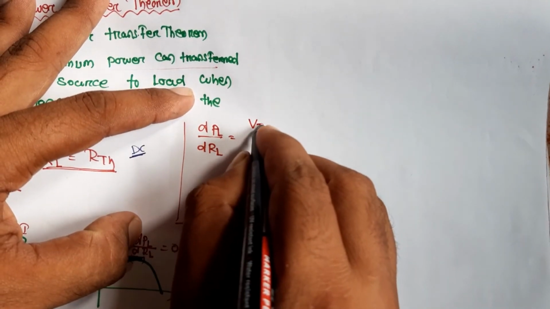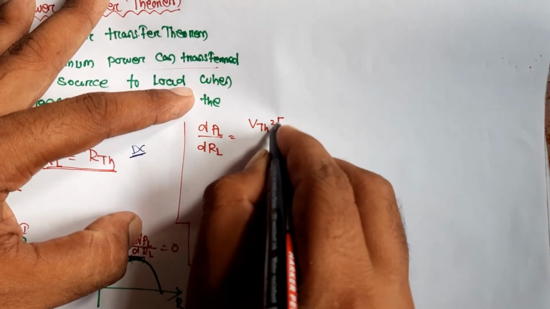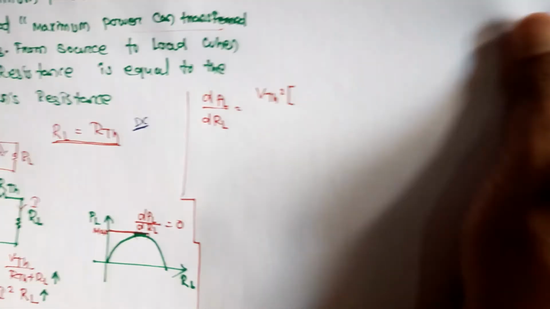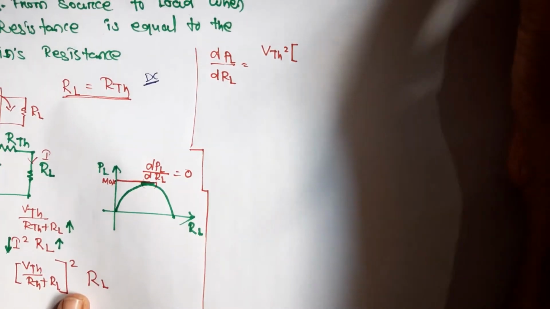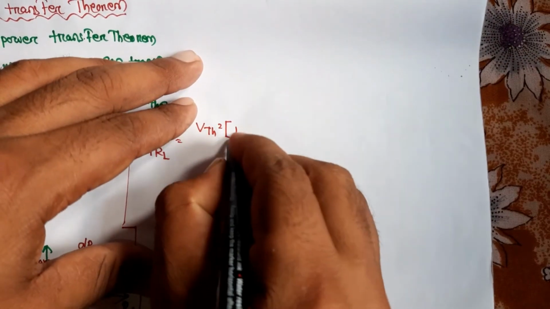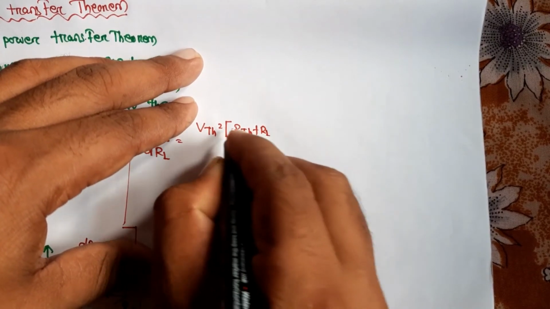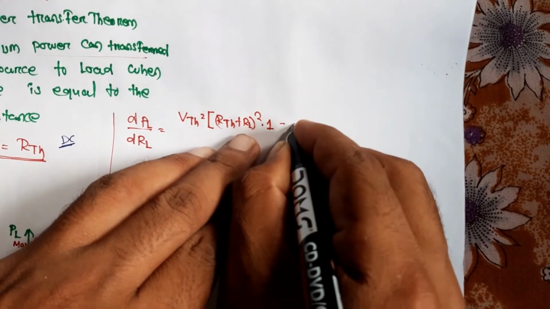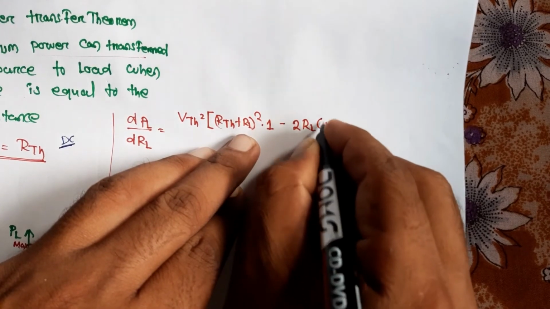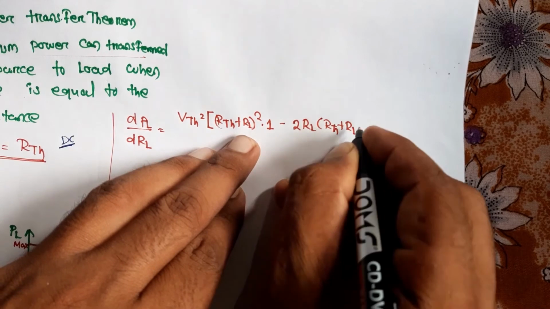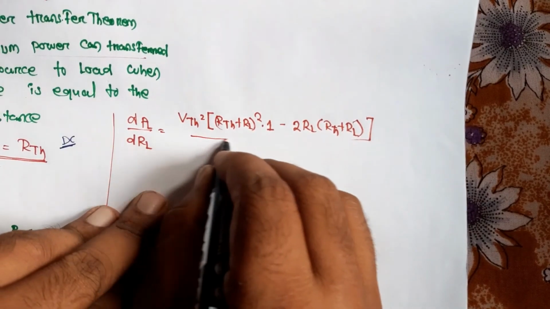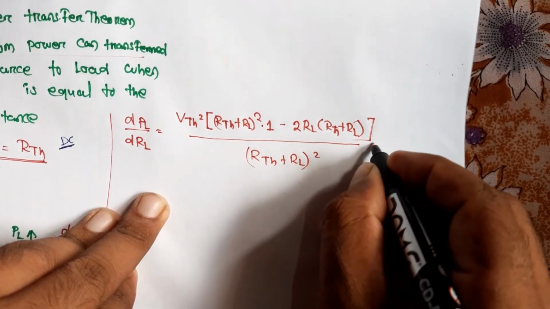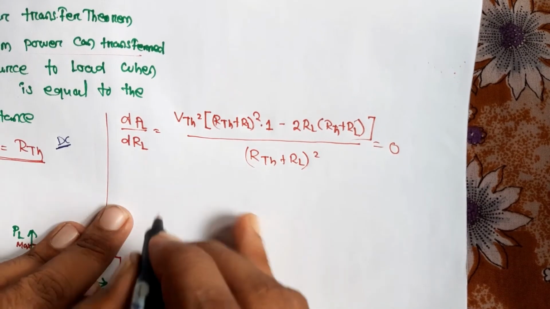Take VTH square as common. Then (RTH plus RL) square into the derivative of RL, which is 1, minus 2 RL into (RTH plus RL), all divided by (RTH plus RL) to the power four, and this is equal to 0.